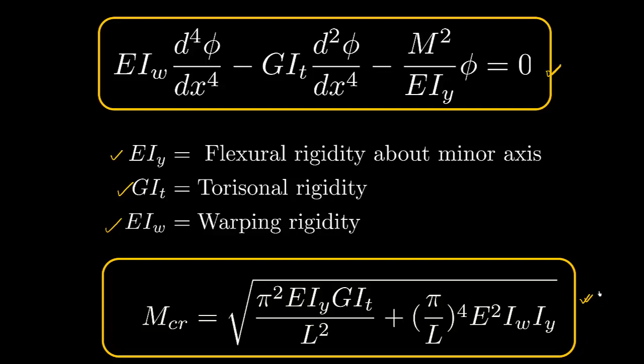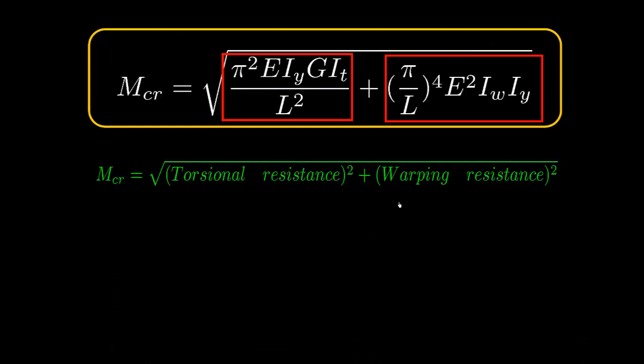Now if you see this expression, basically there are two terms, this one and this one. So the first term is related to flexural rigidity EIY and GIT, that is torsional rigidity. And the second term is related to warping rigidity. So we can show the same critical moment expression.